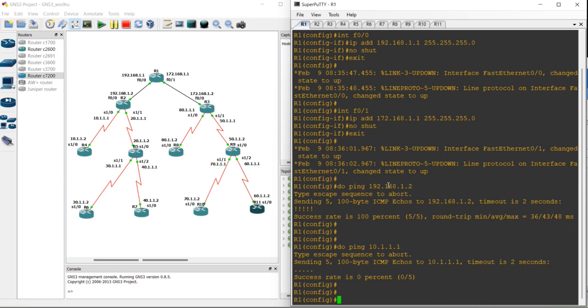First on router 1. Router 1 is connected with two networks, 192 and 172 networks. All other networks are different.